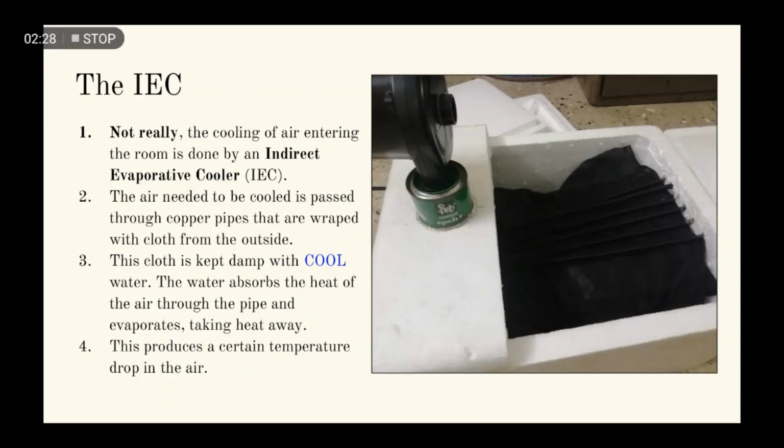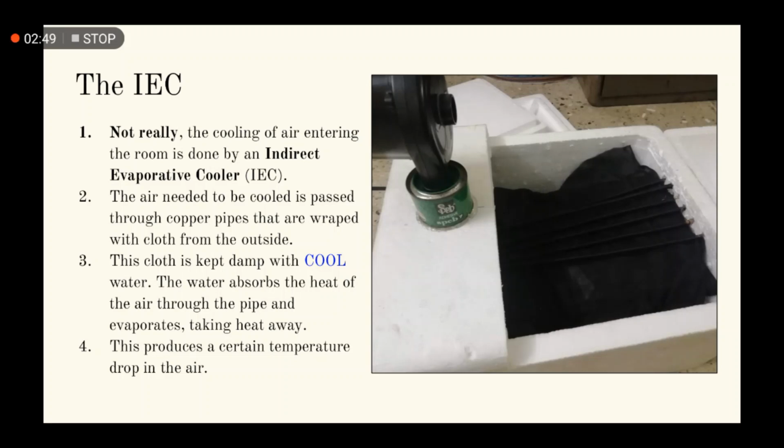So this cools the room? No, it does not. The cooling of the air entering the room is actually done by an indirect evaporative cooler. You remember the cycle which had the first unit called sensible cooling? Well, this is that part. The indirect evaporative cooler is a system which has copper pipes that are wrapped with cloth from the outside.